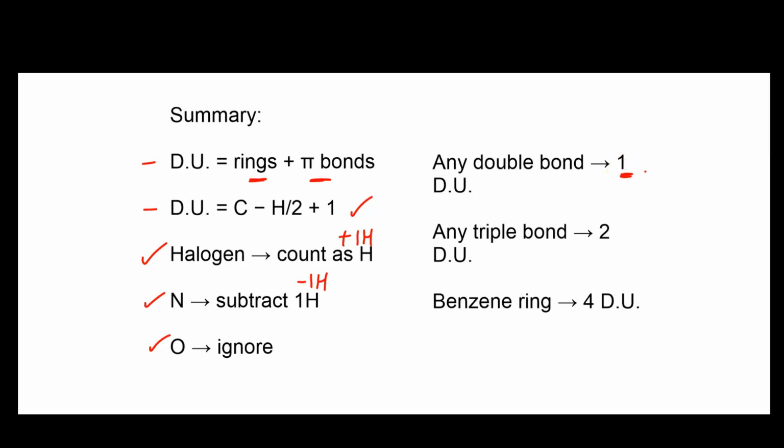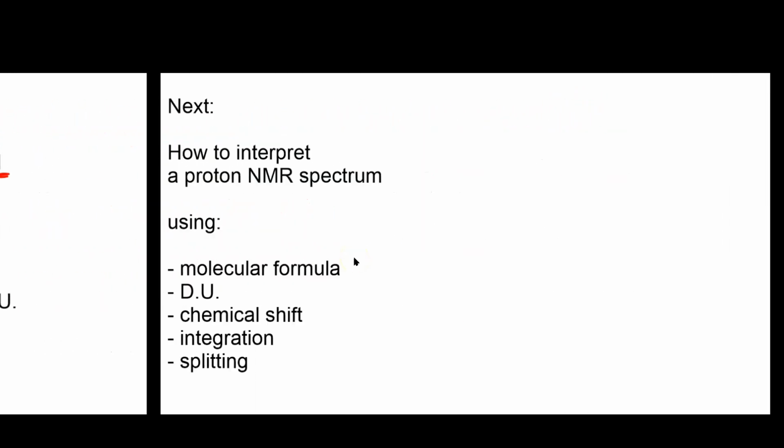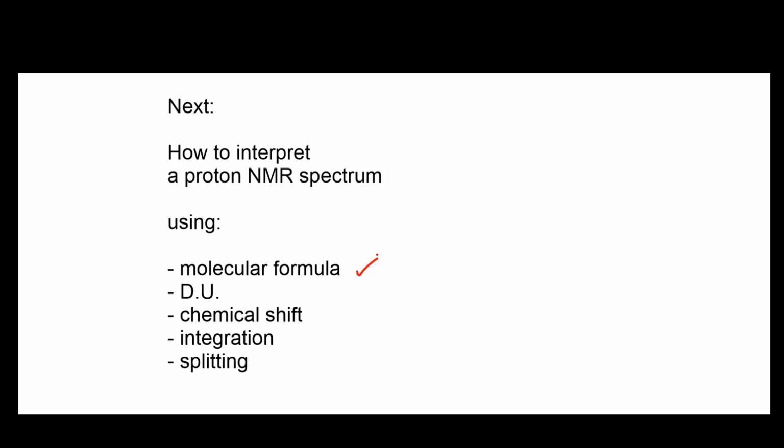Any triple bond counts as 2. And a benzene ring counts as 4. DU does not solve the structure, but it narrows down the possibilities. In the next video, we will use molecular formula, degree of unsaturation DU, chemical shift, integration, and splitting pattern together to interpret proton NMR step by step.